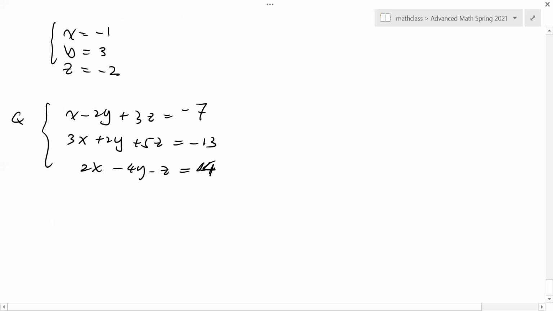Okay, the idea is to use one of the equations to get rid of one variable from the other 2 equations. Then you get 2 equations, 2 unknowns, then you can solve for those.